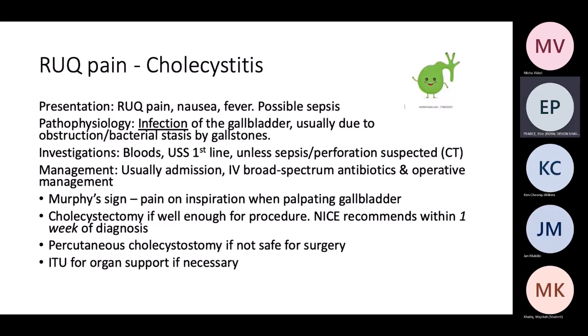Usually we admit the person, start IV broad spectrum antibiotics, and then ideally NICE recommends a cholecystectomy within 1 week of diagnosis. That's if they're well enough to undergo surgery, and if they're not, we can drain percutaneously. If they're septic, they may also need ITU.